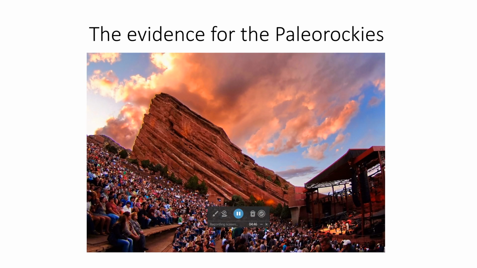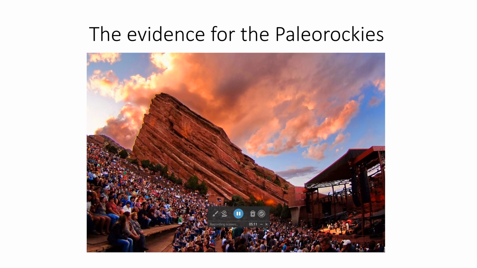So what exactly is the evidence for the Paleo Rockies? It's almost been completely erased. The Paleo Rockies are very different from the Rocky Mountains that we see today. That was a separate orogenic event that happened during the Mesozoic. But what we see is that there's actually siliciclastic sediments or reddish shales that had to have formed from some sort of sediment source.